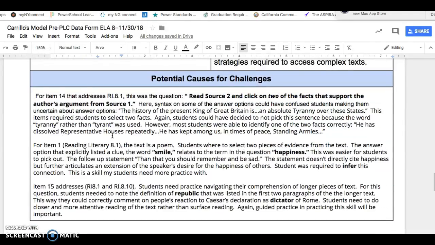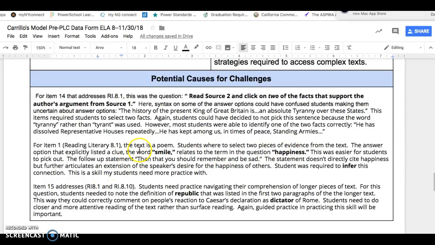Okay, so some of these I already talked out loud about potential causes for the challenges. So we looked at question 14, for item 1, one of the answer choices. Students were asked to select 2 pieces of evidence from the text.